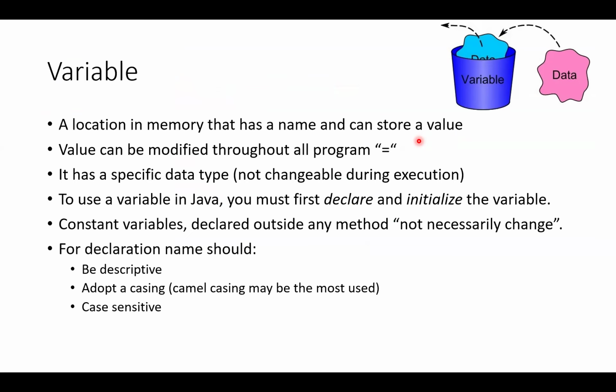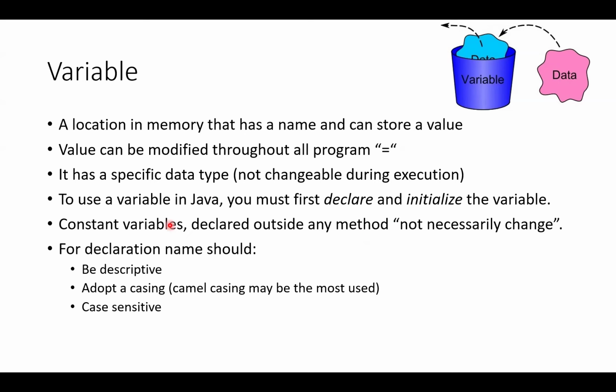It has a specific data type. The data types are of various types: integer, long, Boolean, and many others. I believe there are 8 different kinds of primitive data types that you can create. And in order to use a variable, as I mentioned, you first declare it and then you initialize the value. There are also constant variables. As I mentioned, a constant variable's value always remains the same. You cannot change it.